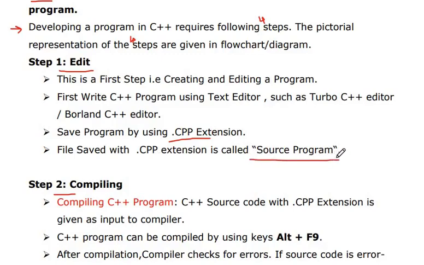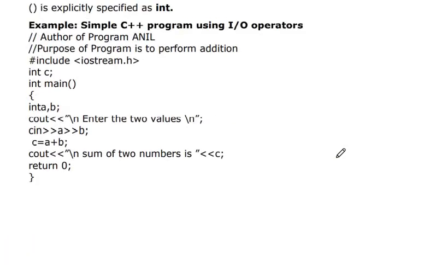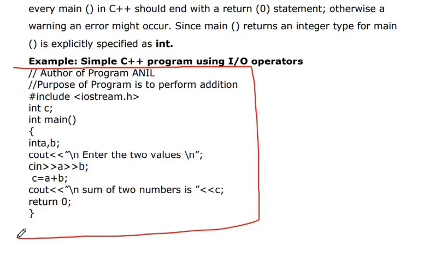Now let us see the program which we have seen in the previous class. This is a C++ program. We have to open an editor and write a program like this. Next we have to save this program with the .cpp extension.